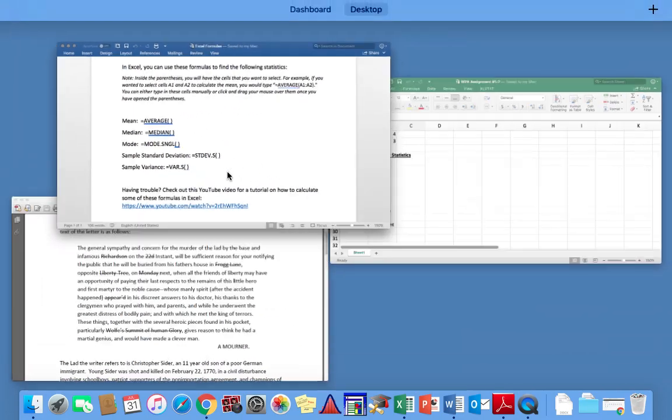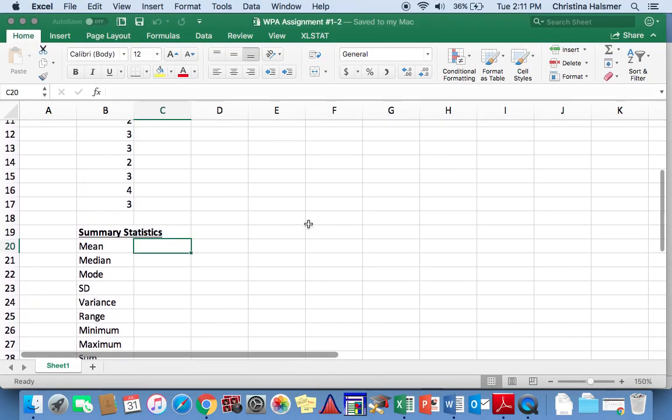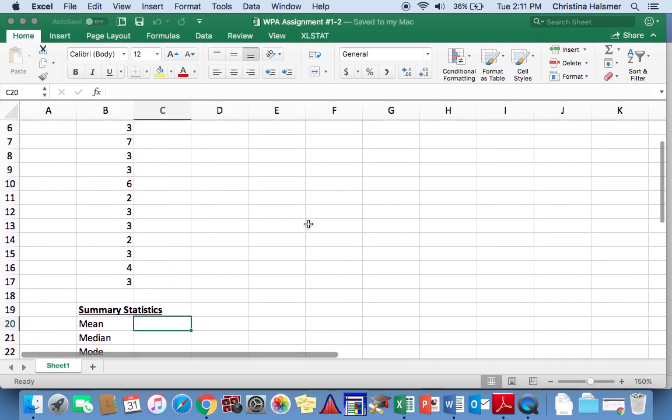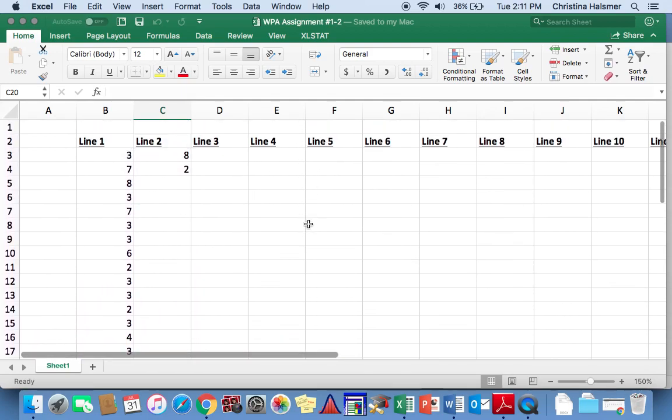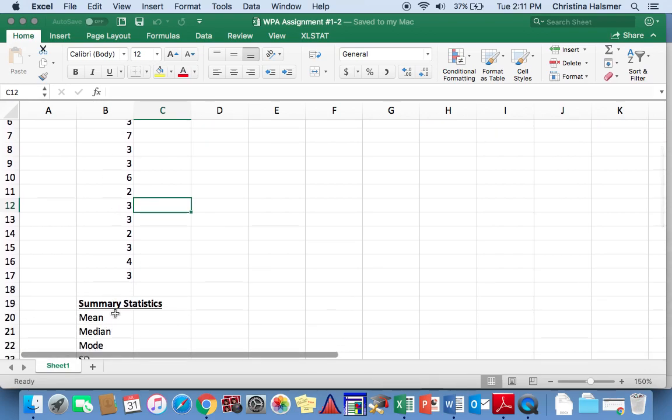Something to take note of here, this is really important, because we want to analyze the letter in its entirety. So we're not going to just find the mean of one line, we're finding the mean of the entire letter.